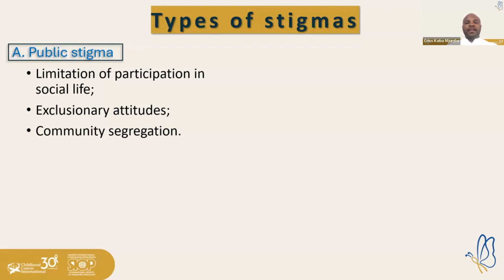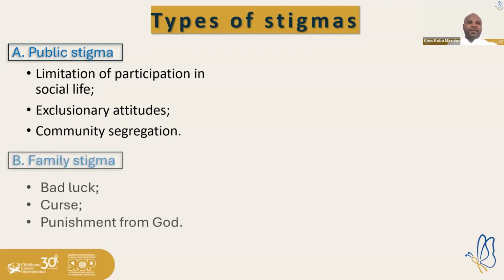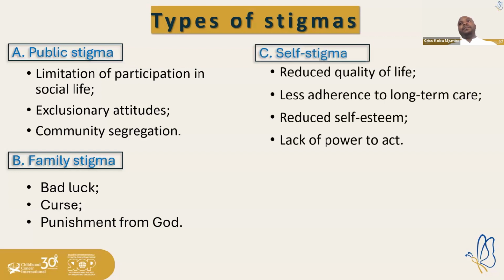The second one is family stigma, where we found bad luck, curse, and punishment from God. And the third one is self-stigma. In self-stigma, we found a reduced quality of life, less adherence to treatment, reduced self-esteem, and lack of power to act.